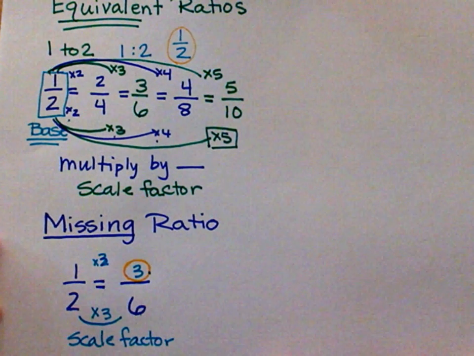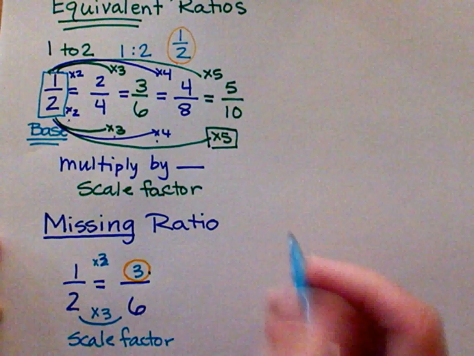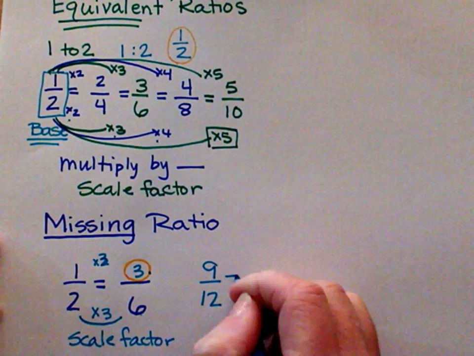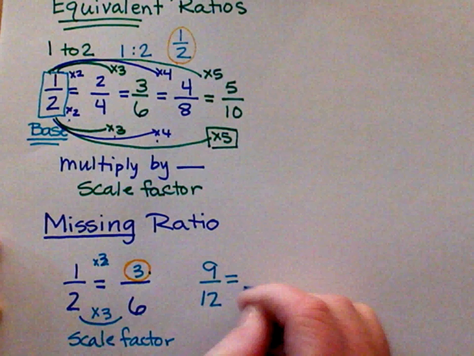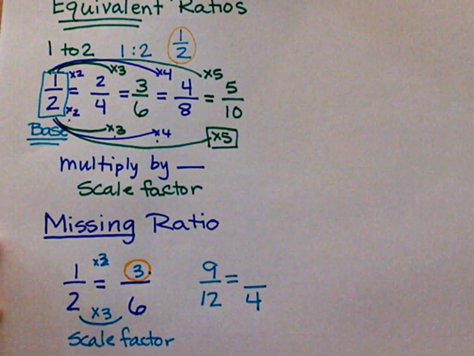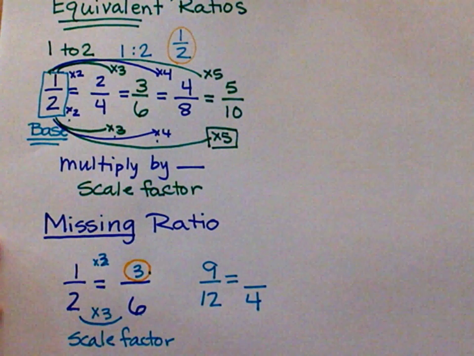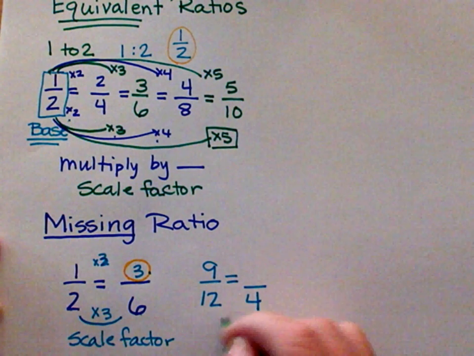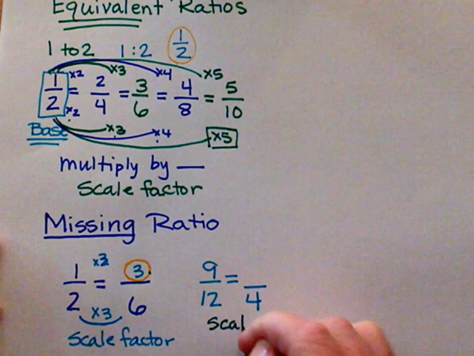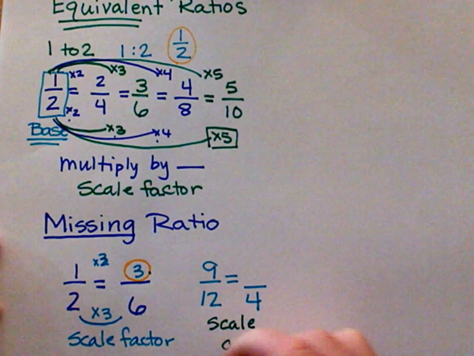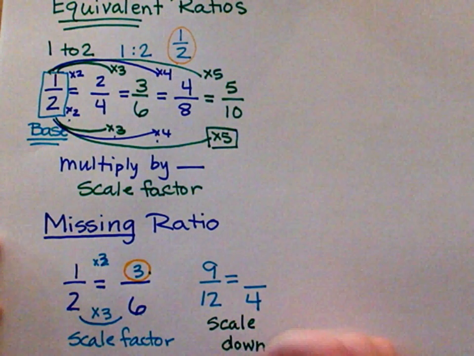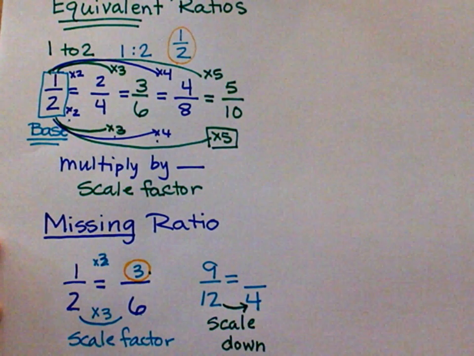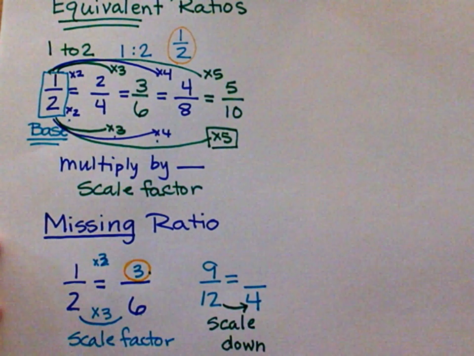Let's try one more. What if I had 9 to 12, and I know that it is equal to something out of 4? This time, I am not multiplying by, but I'm going to be scaling down, so I have to divide to go down. What can I do to 12 to go down to 4 and scale this ratio down?